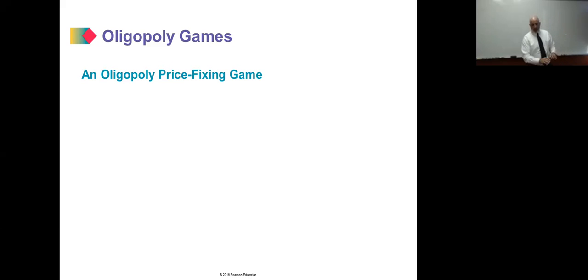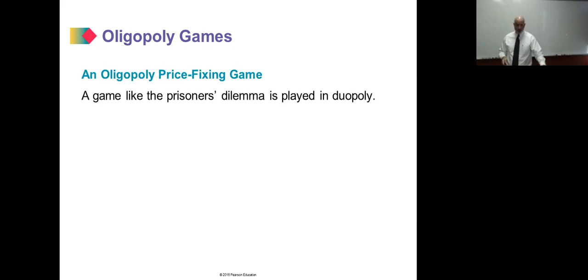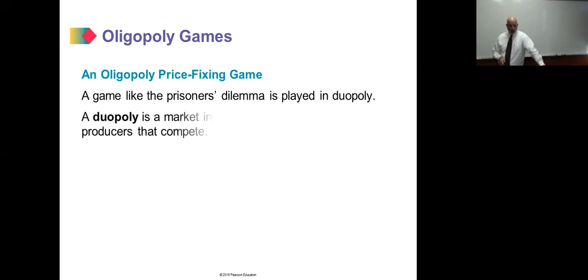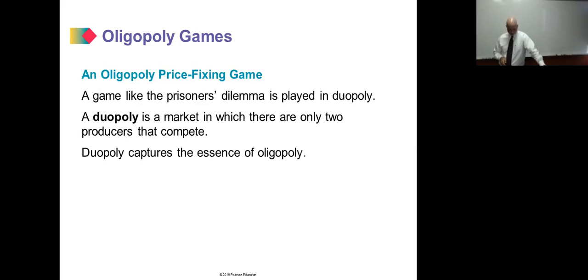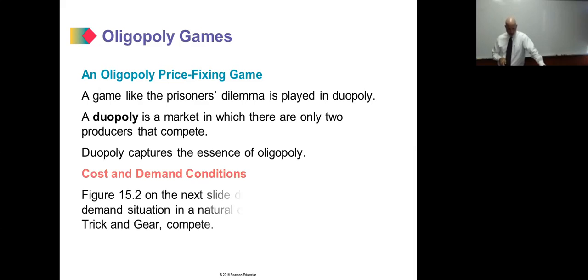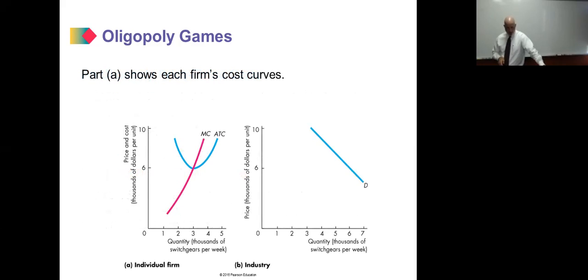All right, let's look at an example of a price fixing game. And again, we're going to assume price fixing is a no-no. Okay, a duopoly, a market in which there are only 2 producers that compete. All right, let's look at some graphs.